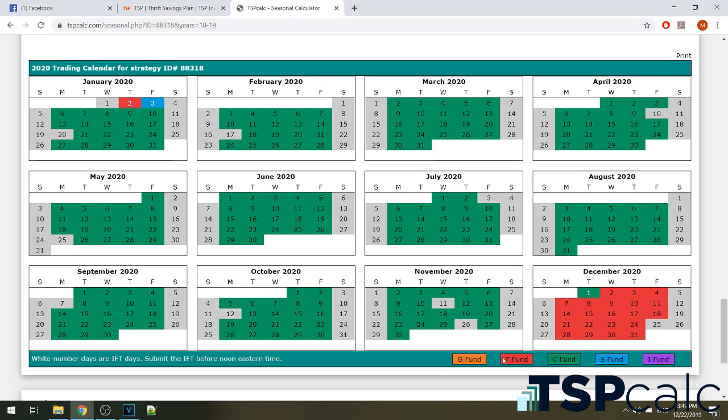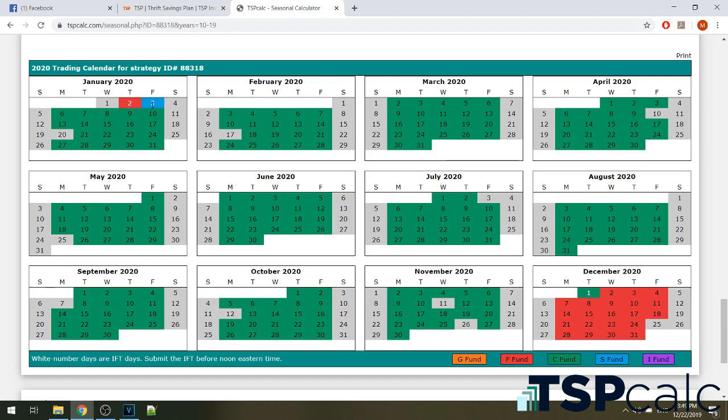Notice the colors are down here. The F fund, from the F fund to blue, which is the S fund. That's your very first trade. And then, this is kind of smashed in, but your very next trade is on the very next day. So you're only going to spend one day in that blue fund. Again, that's the S fund.